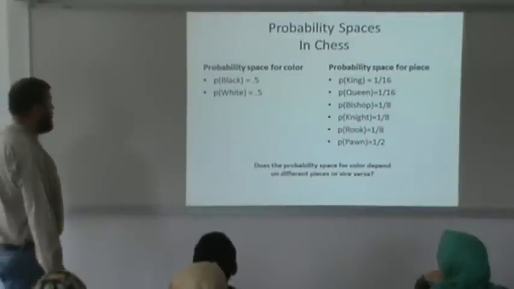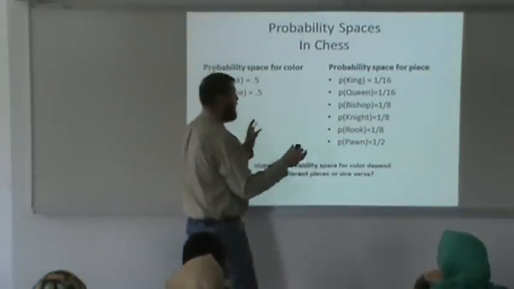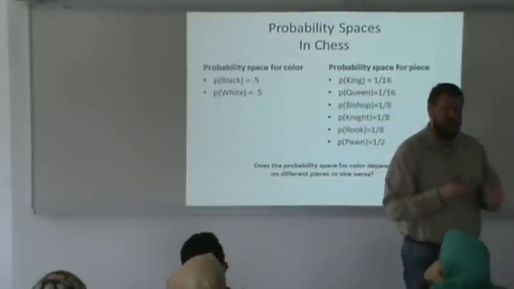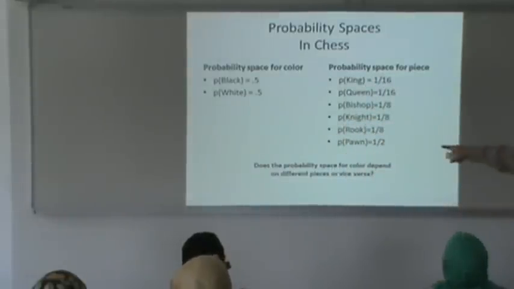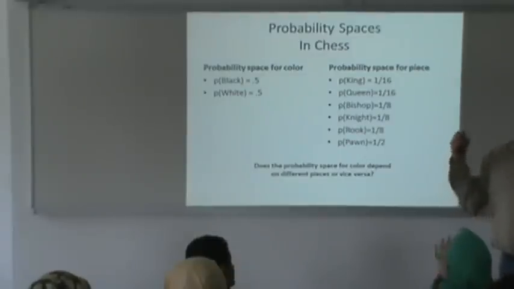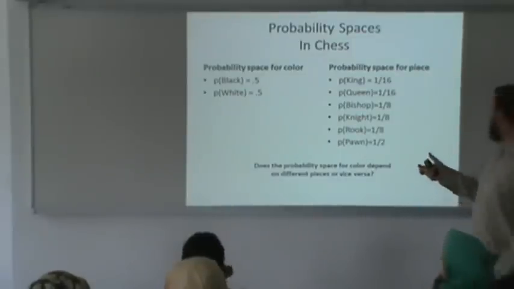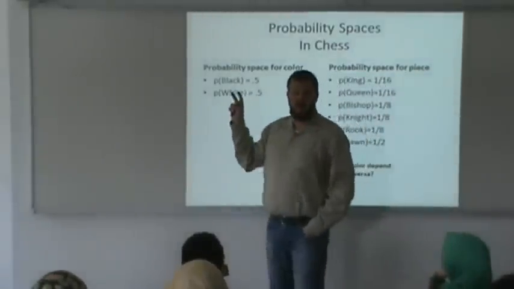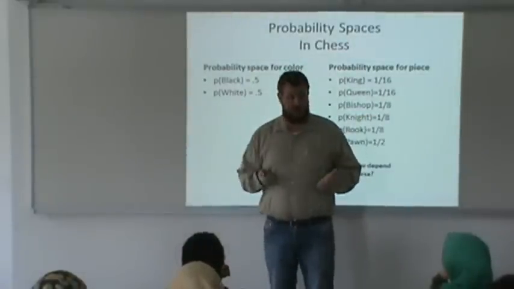Now, if we want to figure out whether color and piece are independent of one another, what we need to do is figure out if the probability spaces for piece or for color depend on the other thing.